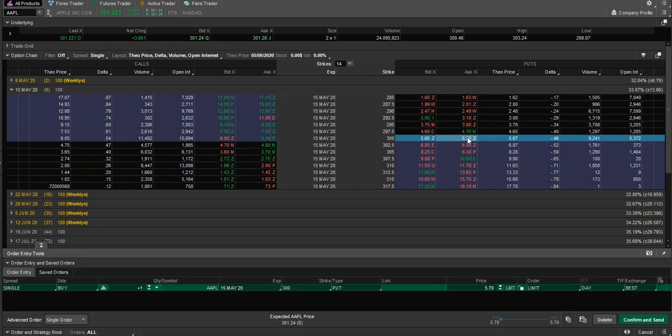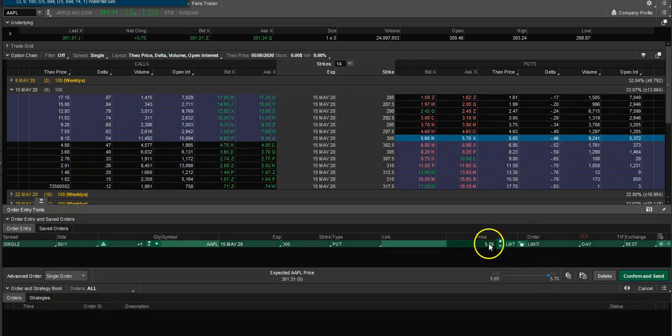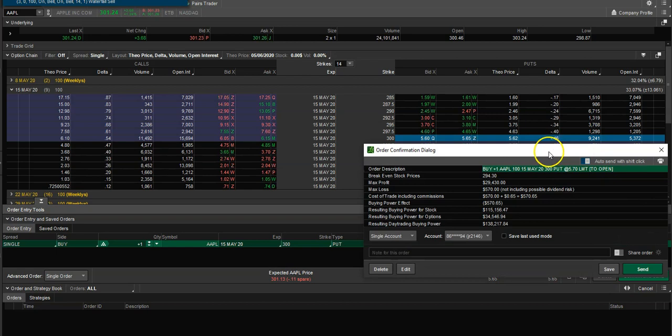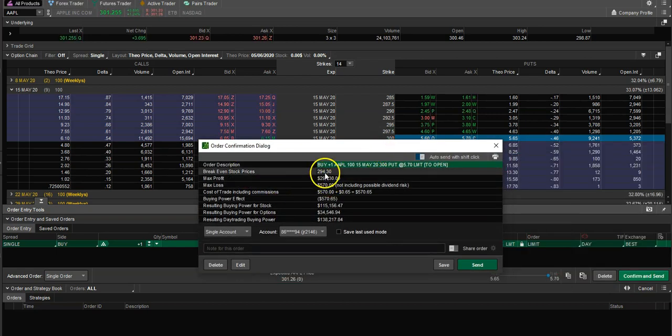So watch, I click that, the 570, and I'm going to buy the put. Right here we have 294.30, not 70. So our break even is $294.30 on the stock at expiration.